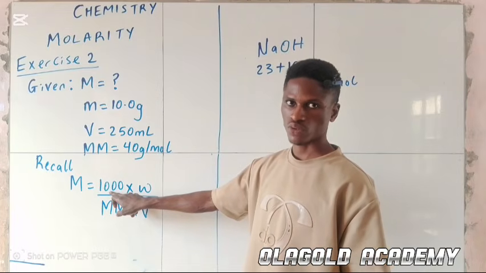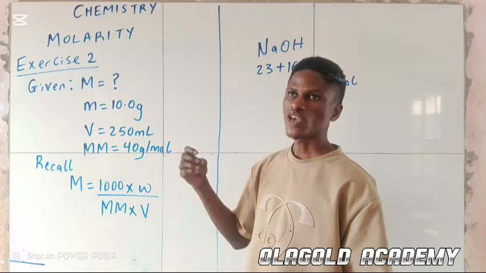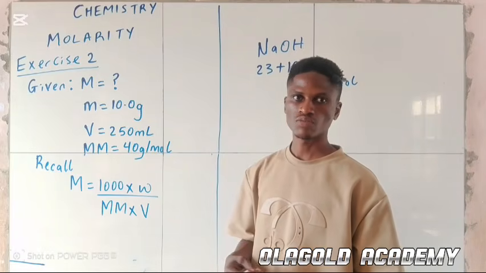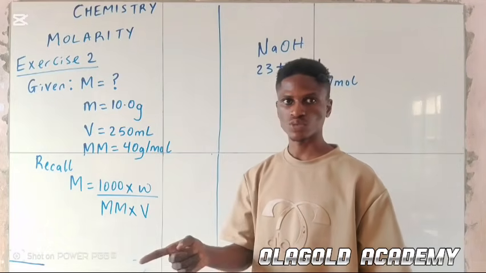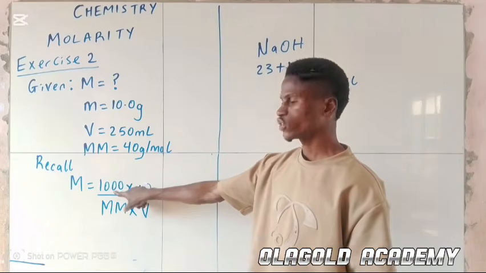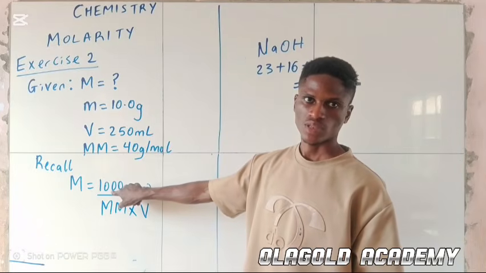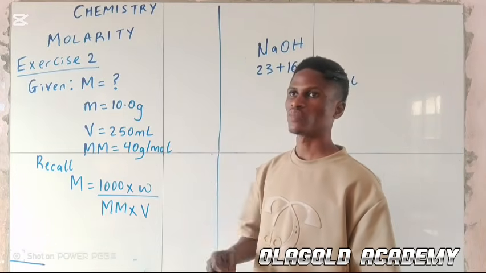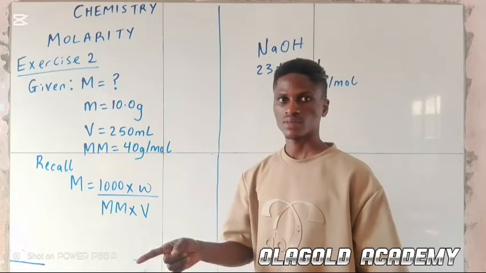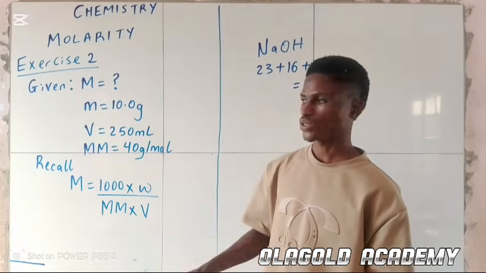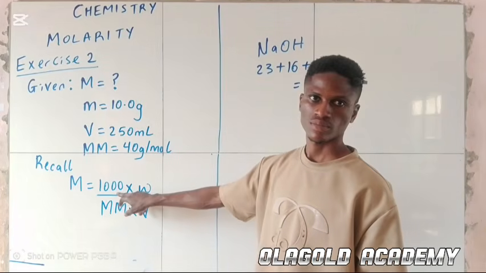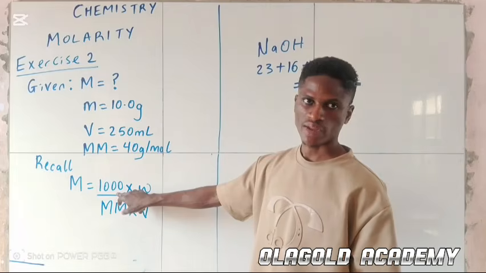But if you convert from cm cube to dm cube, or from milliliter to liter, you will not use the 1000 here. Now, what do I mean by that?